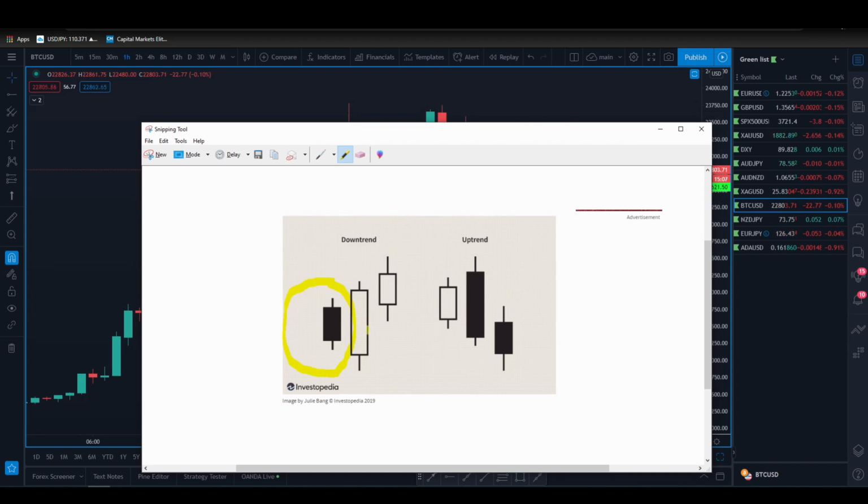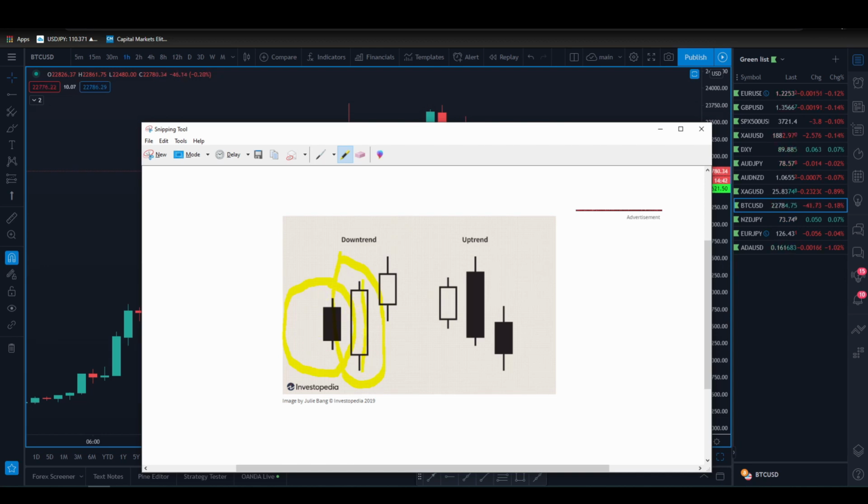Now, this big candle here is obviously the outside range, meaning the high and the low of this candle took out both the high and low of the previous candle. So the outside range candle's whole range, from low to high, takes out both the high and low of the previous candle.